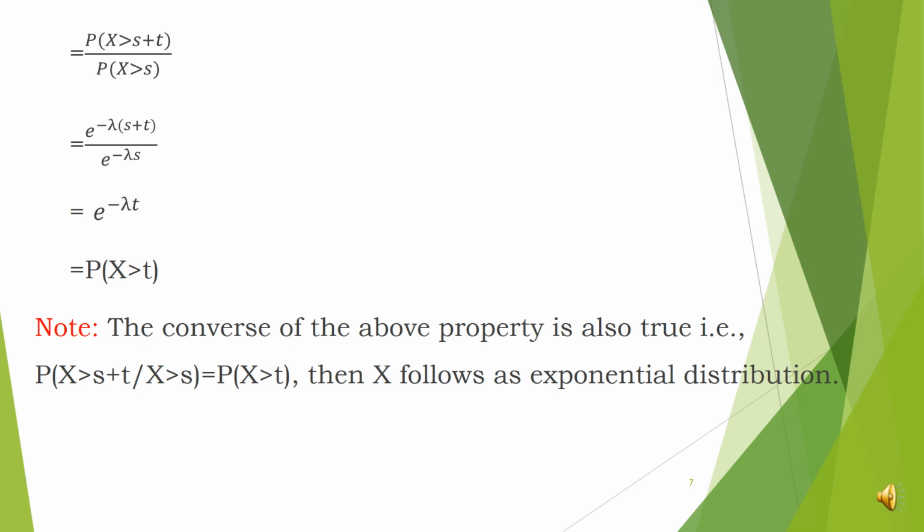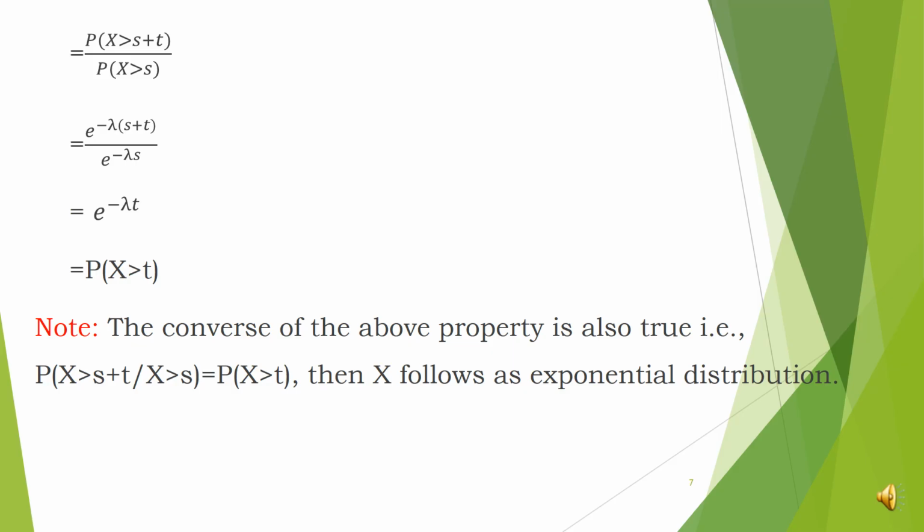The converse of the above property is also true: if the probability of x greater than s plus t, given x greater than s, is equal to the probability of x greater than t, then x follows an exponential distribution.